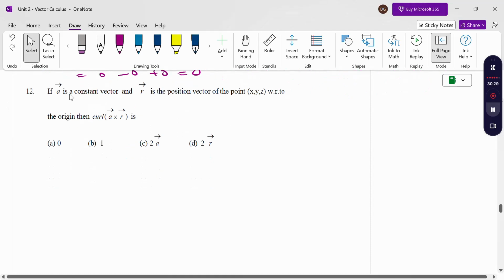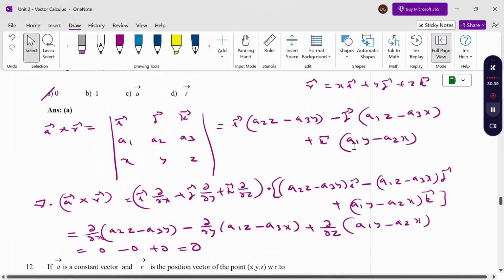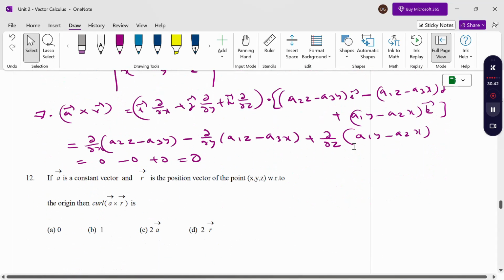And then if A is a constant vector and r is the position vector of the point x, y, z with respect to origin, then the curl of A cross r vector. Now see here, A cross r vector, we know the answer as usual.